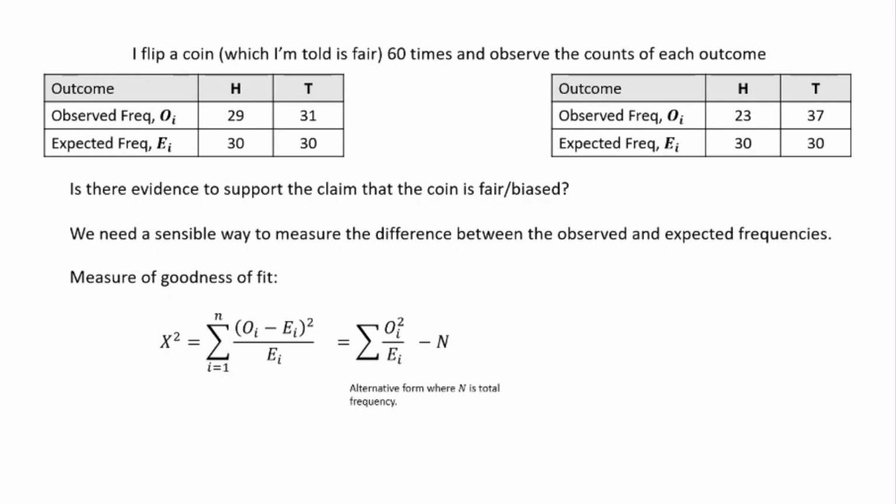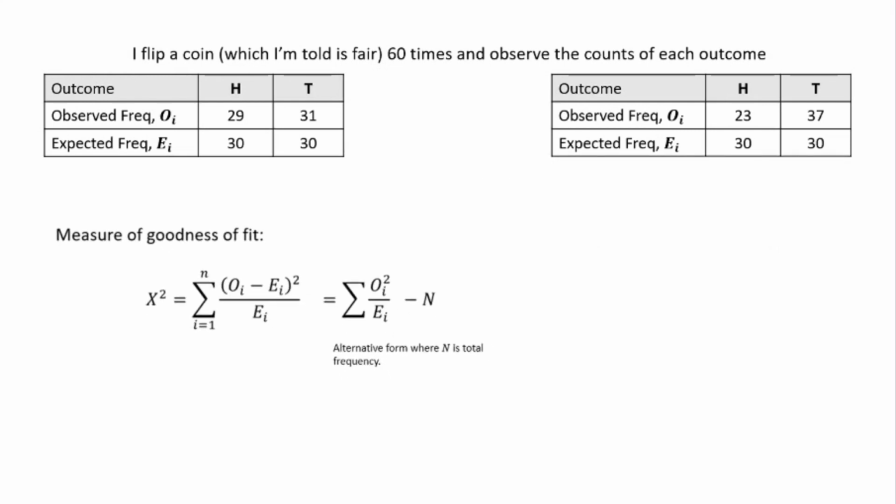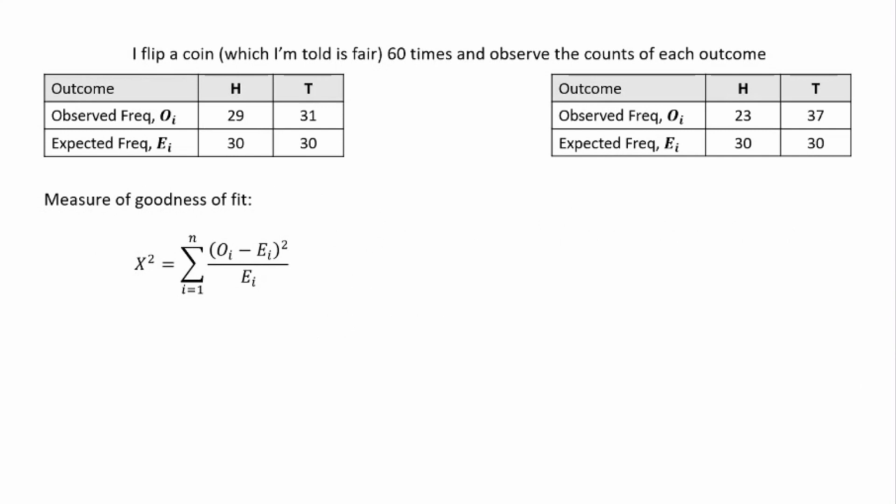To read this, it's the sum of each individual occurrence of an observed value minus an expected value, all squared, divided by the expected value. So we're basically finding the difference between what happened and what we expected to happen. We're squaring it to make sure we've got a positive value, and then we're dividing it by the expected.